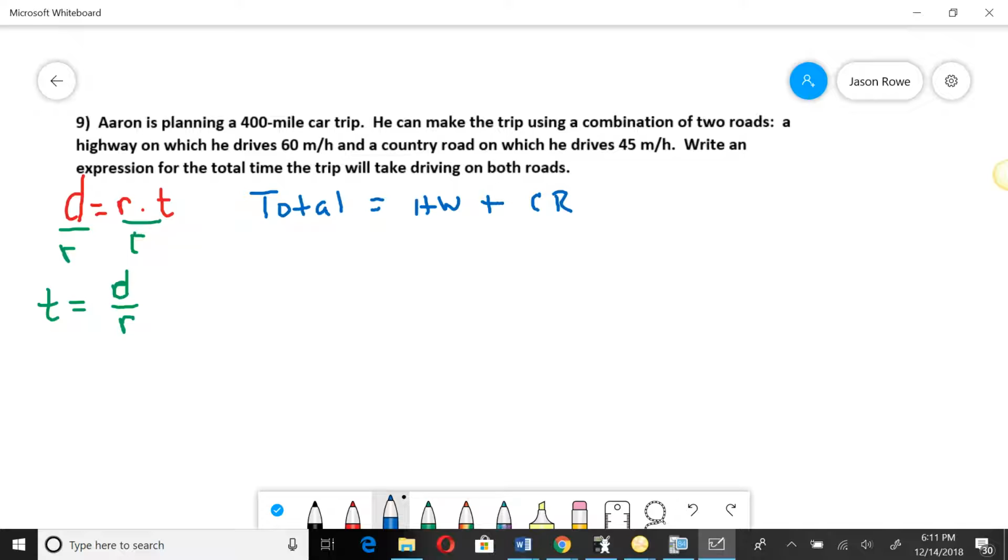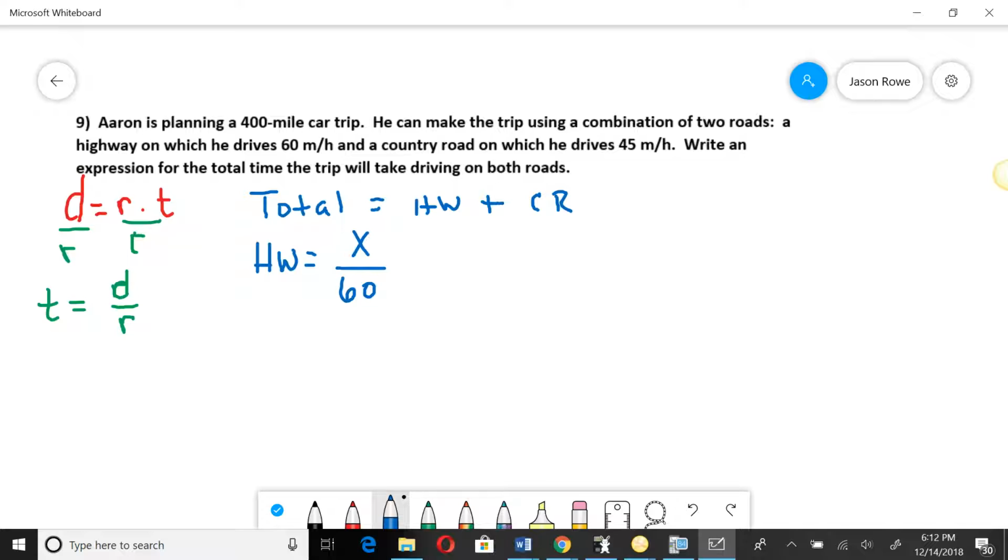Well, let's start with the highway. So the highway, you travel 60 miles an hour, and we're going to travel a distance of, we don't know, so we're going to say X. So for the highway, our time will be X, which is our distance, divided by our rate, which is 60 miles an hour.